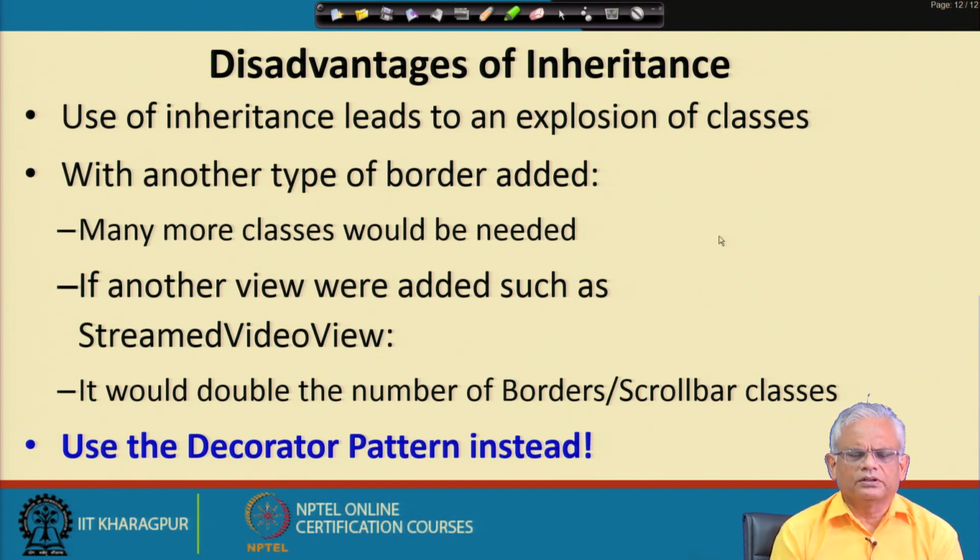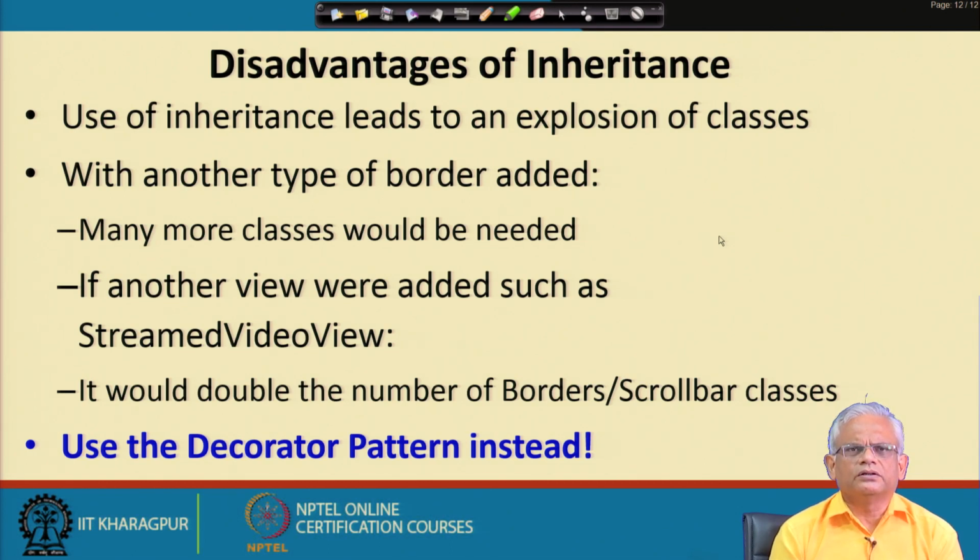For example, if we try to do this border example, that we want the basic text view, and then we derive a class text view with border, and then text view with border and scroll bar, text view with just scroll bar, and so on.